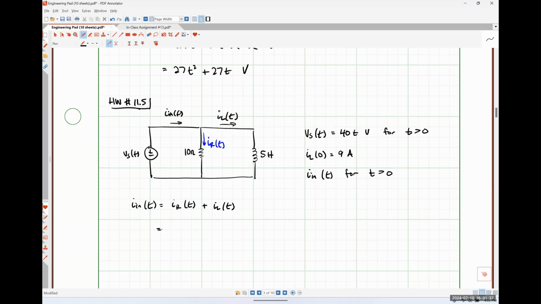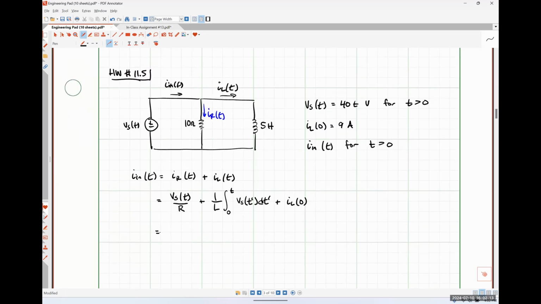Using Ohm's law, IR is just Vs of t divided by R. And using our integral-based relationship, I can say that IL is 1 over L times the integral from t naught, which in this case is going to be 0, to t of Vs of t, plus IL at 0.